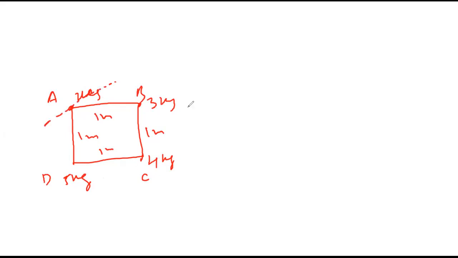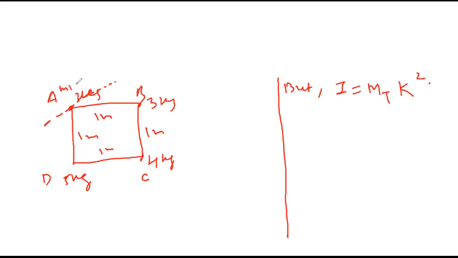Whenever you have to find radius of gyration, first step, find moment of inertia. Once you get moment of inertia, you write that moment of inertia is total mass into radius of gyration squared, and equate. So to get moment of inertia, I want the distances of m1, m2, m3, m4 from A. The axis is perpendicular, coming out of the board.